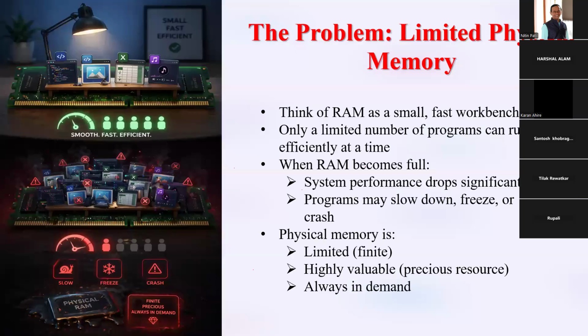Imagine your computer's RAM as a small, ultra fast workbench, or a table. All your active work happens there only. Every running program, every instruction, every piece of data that needs immediate attention must fit there.